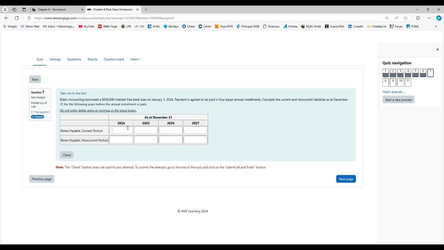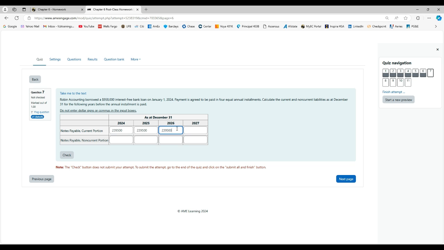Of 2024. So at December 31st, I think what they're getting at, let's just put this in and see if it makes sense. The current portion is always going to be 239,500 because that's what we're repaying every year.